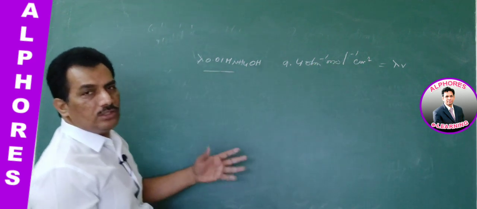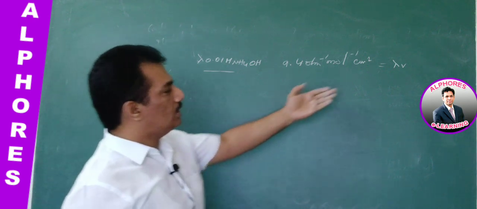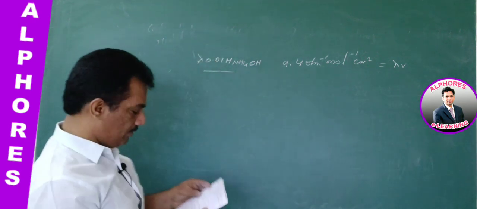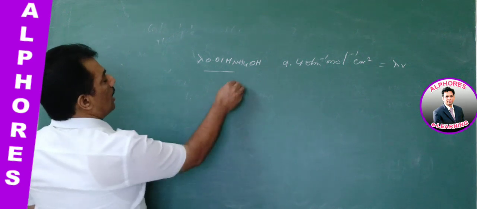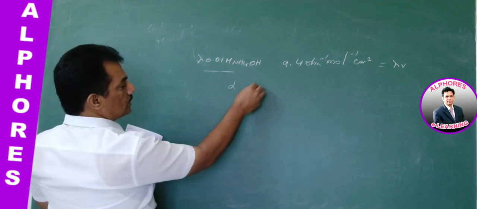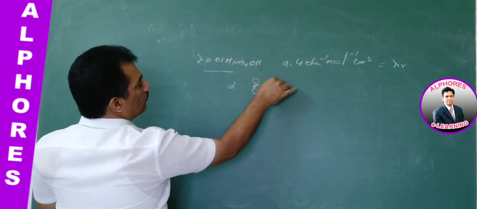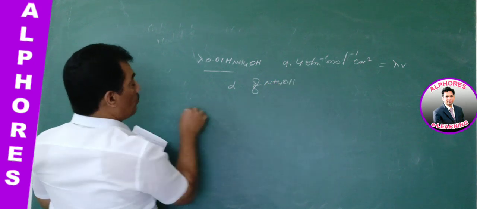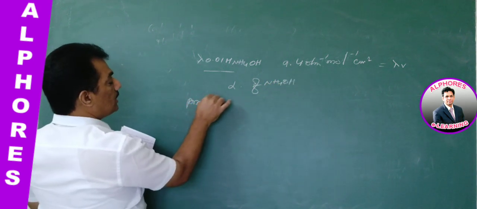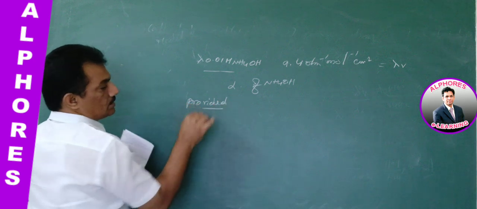At a particular dilution, the symbol used for representation is lambda V. Lambda V is given, and now they ask for alpha, the degree of dissociation of NH4OH, provided they are giving some other data to compute this.